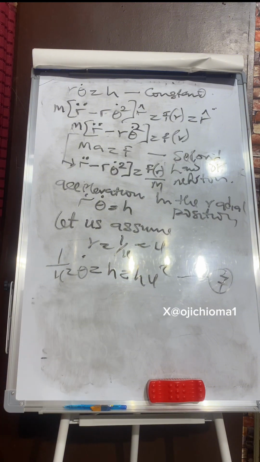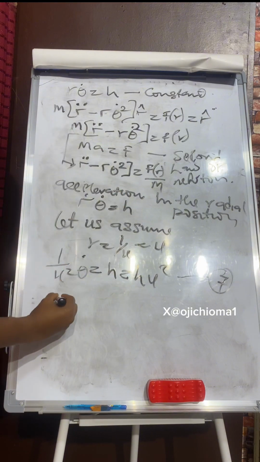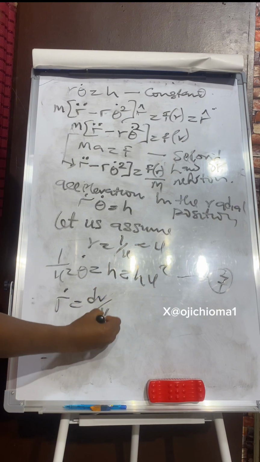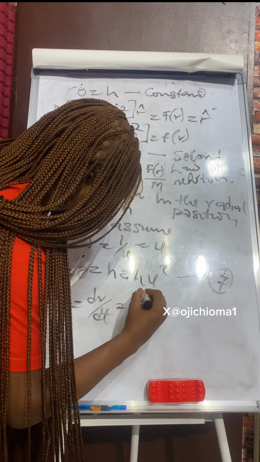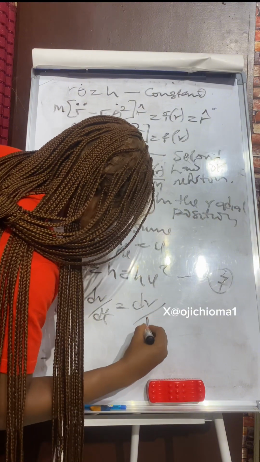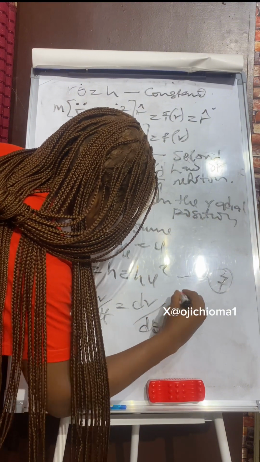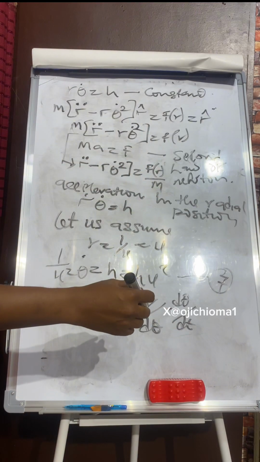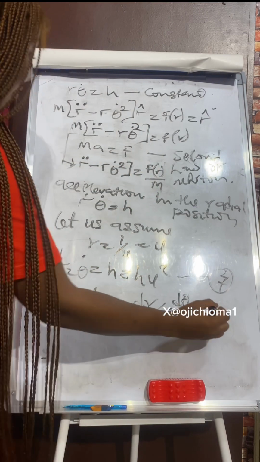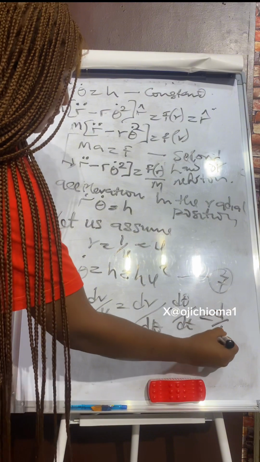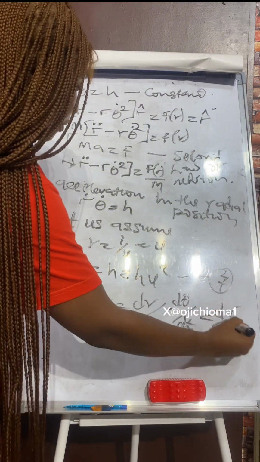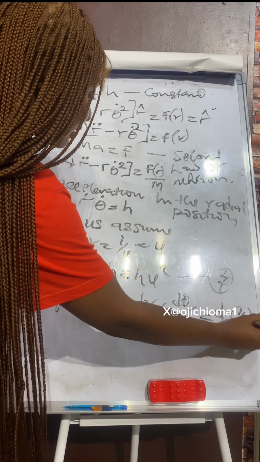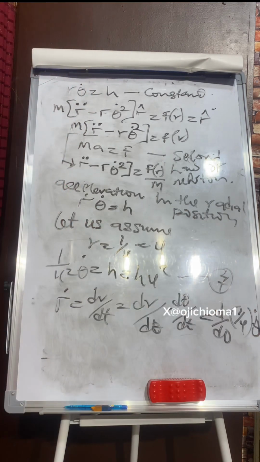Taking that as equation 7, we want to get r dot, which is equal to dr over dt. dr over dt equals dr over dθ times dθ over dt. That's the way to break it down. Breaking it down, we have d over dθ of 1 over u, times theta dot.